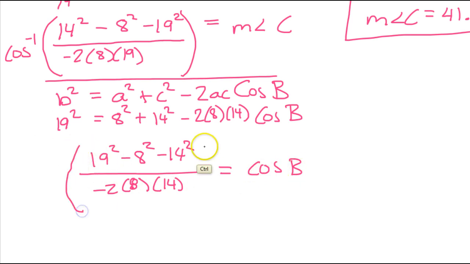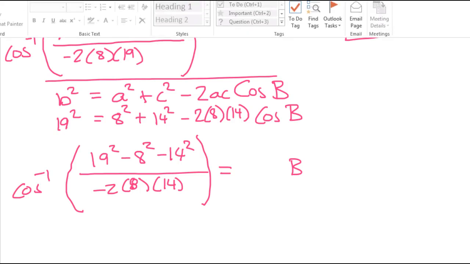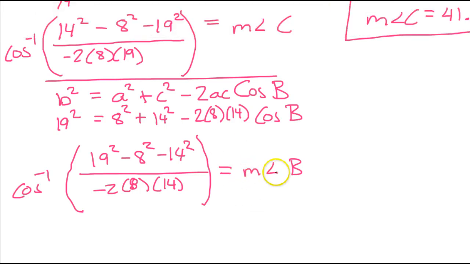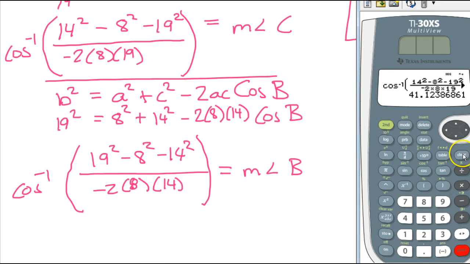So to find the measure of angle B, I need to do the inverse cosine of all of this. And that will give me the measure of angle B. All right, so that's what I'll do. So I will do the inverse cosine of 19 squared minus 8 squared minus 14 squared over negative 2 times 8 times 14.